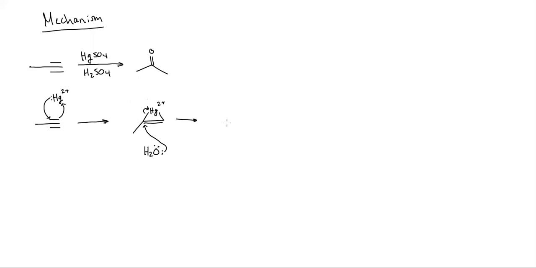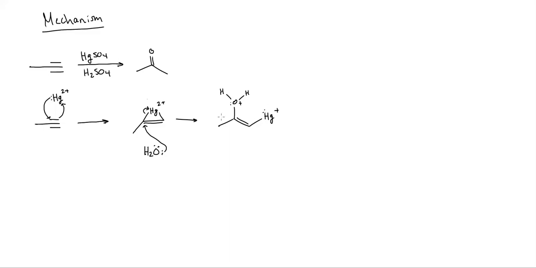Okay, so then I have this, and my mercury is over here. It now has a +1 charge. And then I have water that I just added, which has a +1 charge. Okay, and then I also still have this double bond here, right? So the double bond has not left yet.